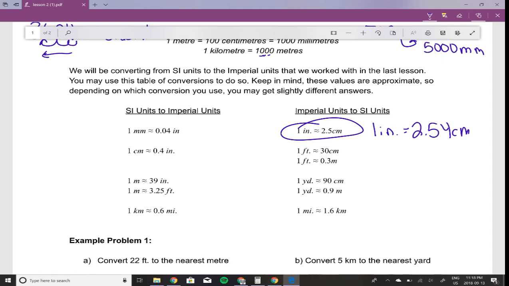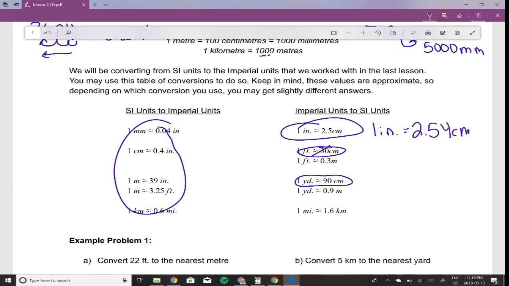Plus, a lot of these conversions, for example, let's see, any of these are not in your booklet, which means you won't be getting them for tests or exams. I don't think this one is in there. I don't think this one is in there.